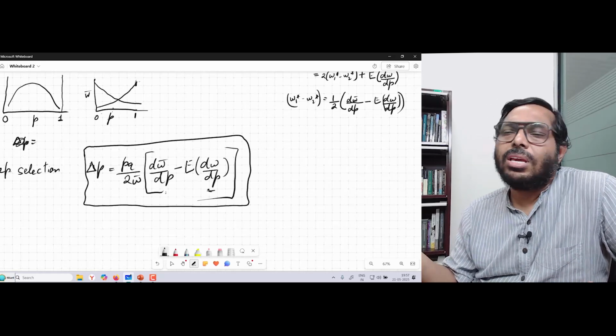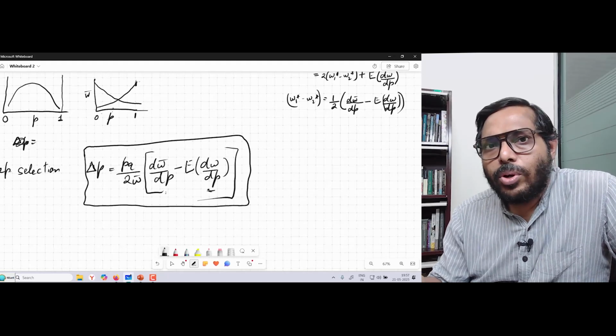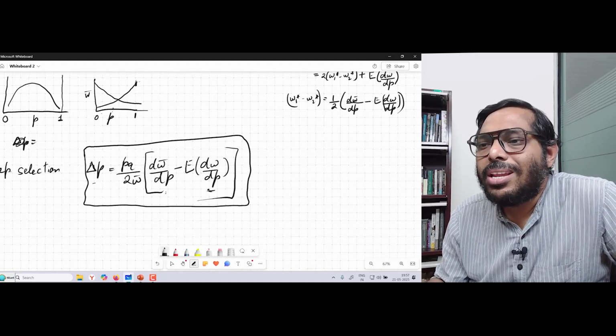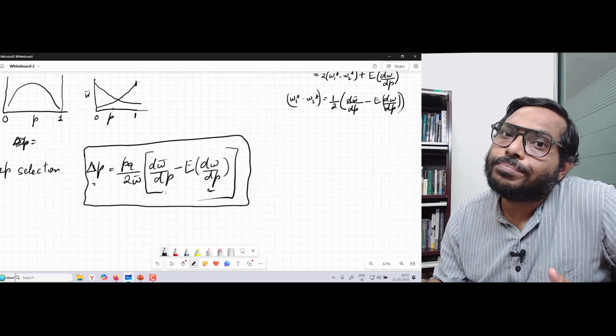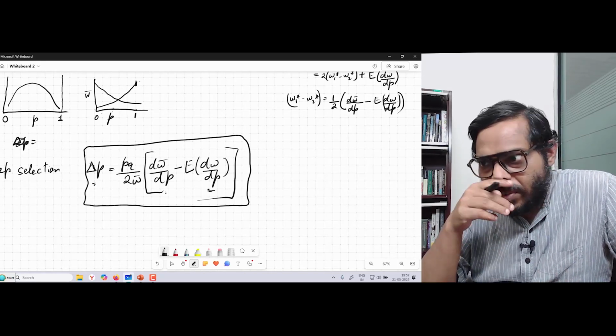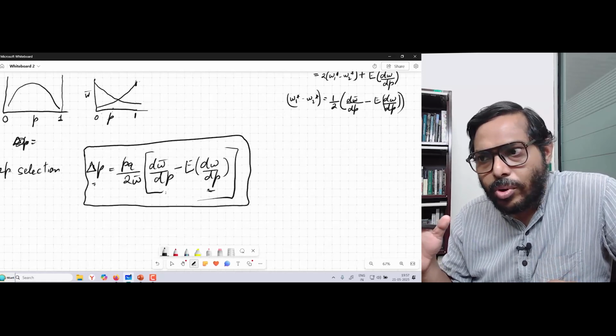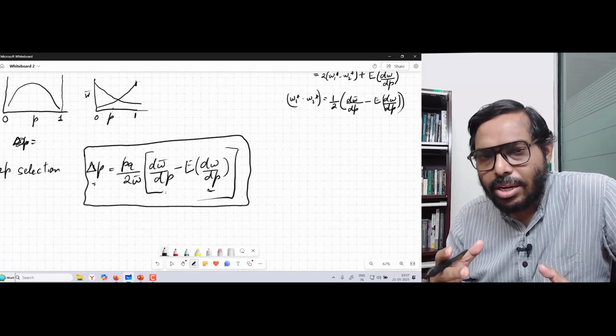In fact, in many cases it will not. Therefore, dW bar dP going to 0 doesn't necessarily mean that your delta P has gone to 0. In other words, it's not entirely clear that you will definitely get an internal equilibrium.